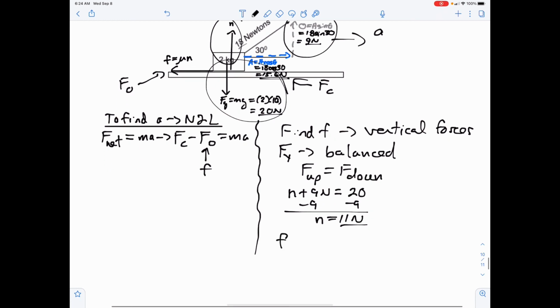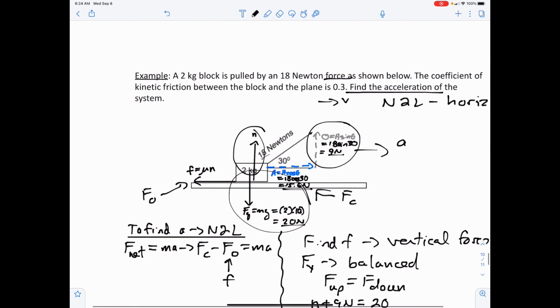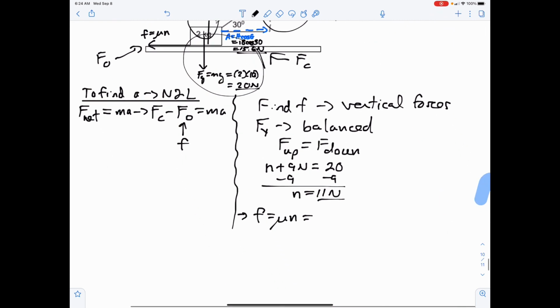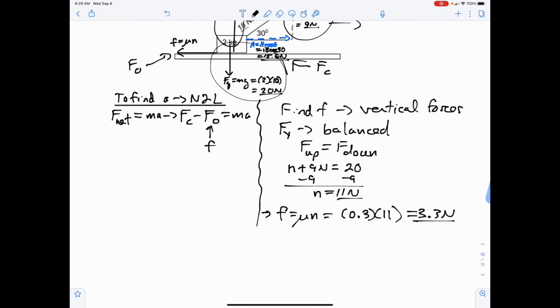Okay, now, if you recall, friction was equal to mu times normal force, and we were told mu, the coefficient of friction, was 0.3. So 0.3 times 11 is going to be 3.3 newtons of friction, and once we have that, we're ready to proceed.